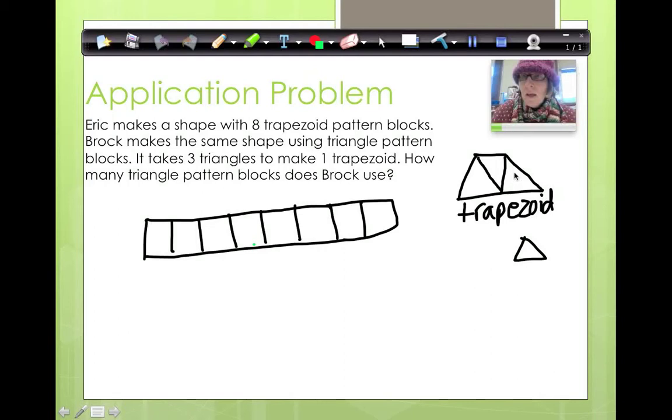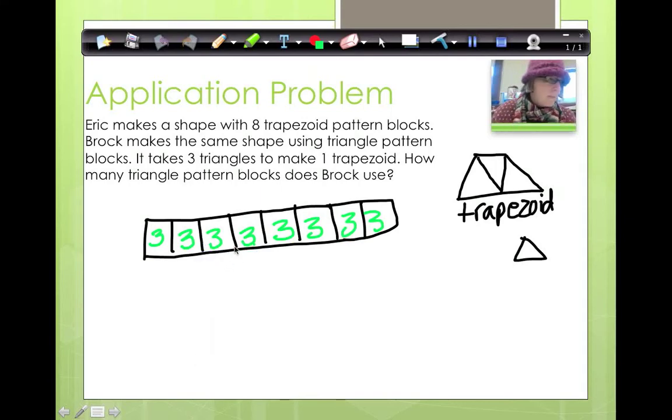Now, for every red shape, every trapezoid that Eric uses, Brock has to use 3 of these, which means that if this is a trapezoid, Brock would have to have 3 triangles. 3 triangles for this trapezoid, 3 triangles for this trapezoid. He has to have 3 for every single trapezoid, doesn't he? Okay, I'm going back to black.